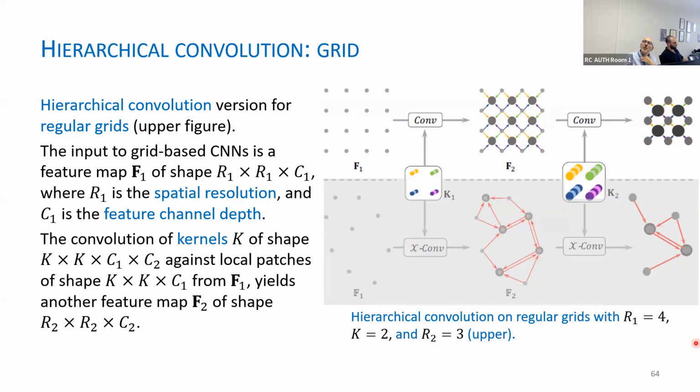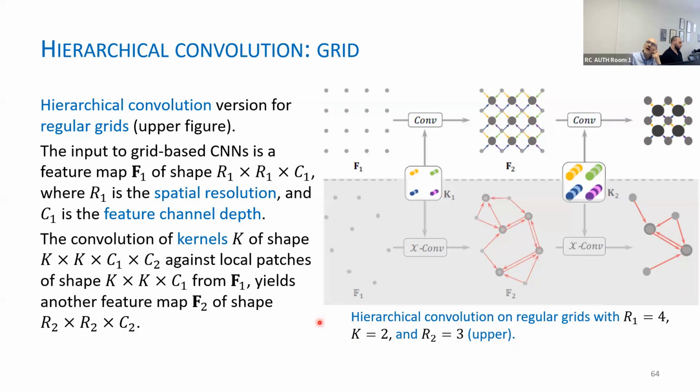The example here uses a value of 4 for R1, a value of 2 for K, and a value of R2 equal to 2. This is something that you know very well.